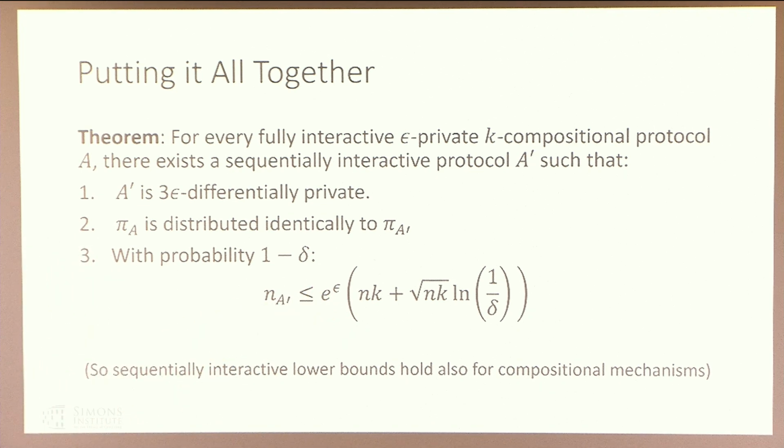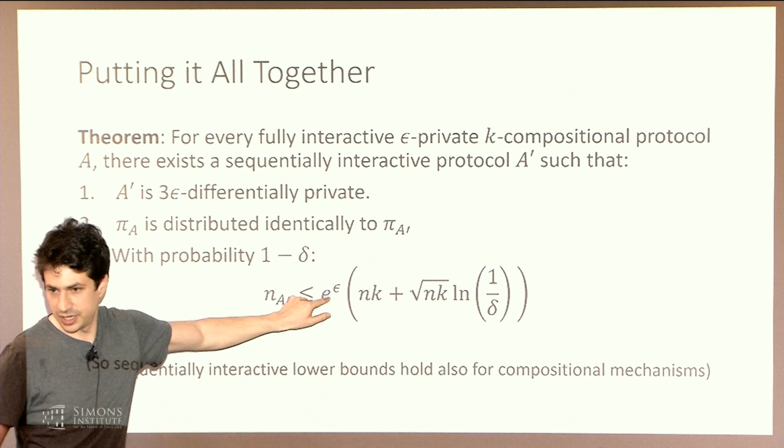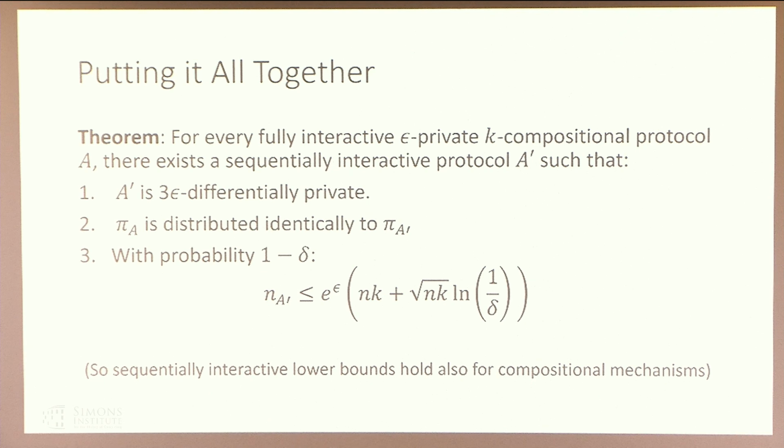Okay, so in particular, for compositional mechanisms, if k is 1, and up to this factor of e to the epsilon, any lower bound you prove for sequentially interactive mechanisms also holds for compositional fully interactive mechanisms.